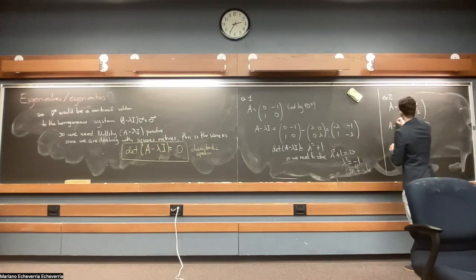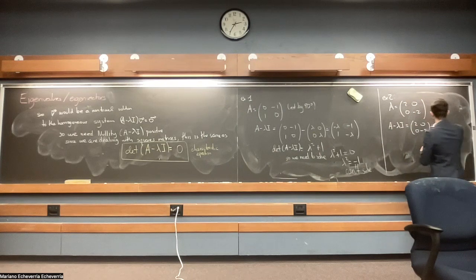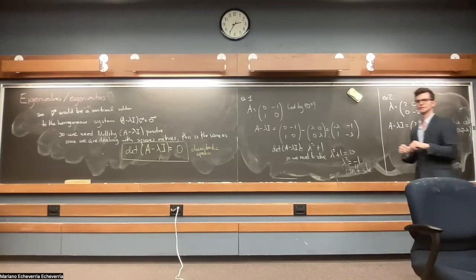So what is A minus lambda I? That's 2, 0, 0, -2 minus lambda I, so you get 2 minus lambda, 0, 0, minus 2 minus lambda. Is that making sense?